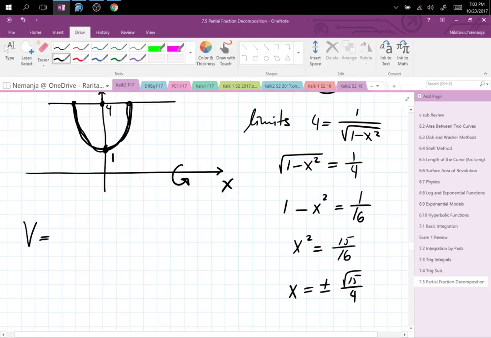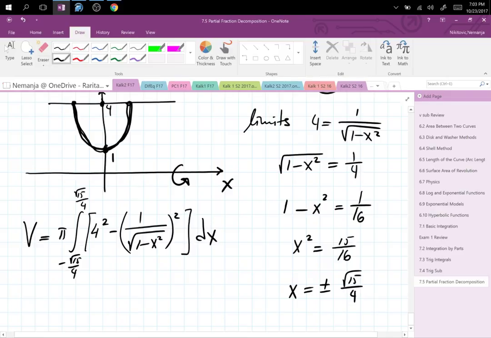Volume is equal to pi integral from negative root 15 over 4 to positive root 15 over 4 of 4 squared minus 1 over square root of 1 minus x squared, squared, and all of that dx. Questions, concerns? No questions, no concerns? Awesome.